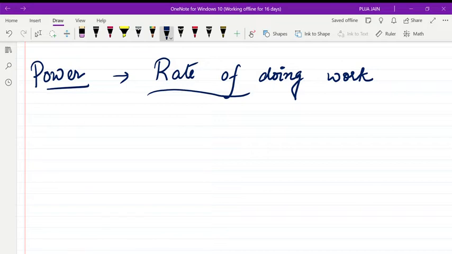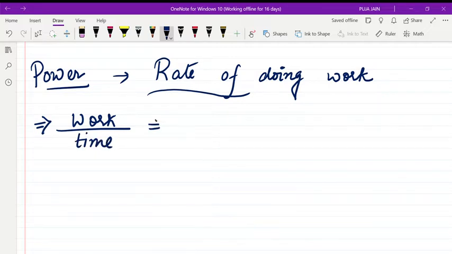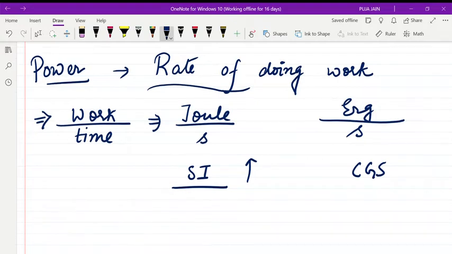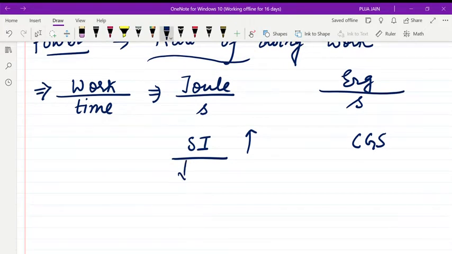So the mathematical statement of power is work divided by time. So its unit will be joule per second in SI unit, and in CGS unit it will be erg per second. This joule per second is defined as watt.